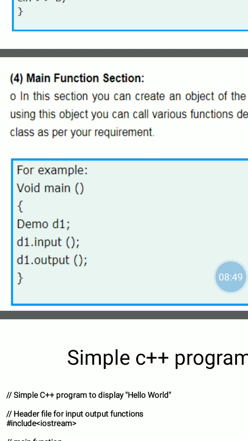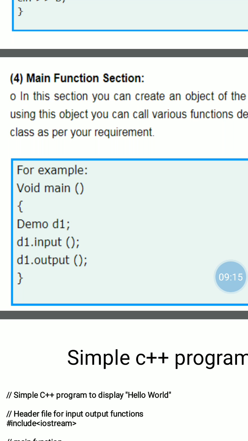This is called an object of the class demo. I repeat again. D1 is an object of class demo, means D1 is a variable of type class, that is demo class.